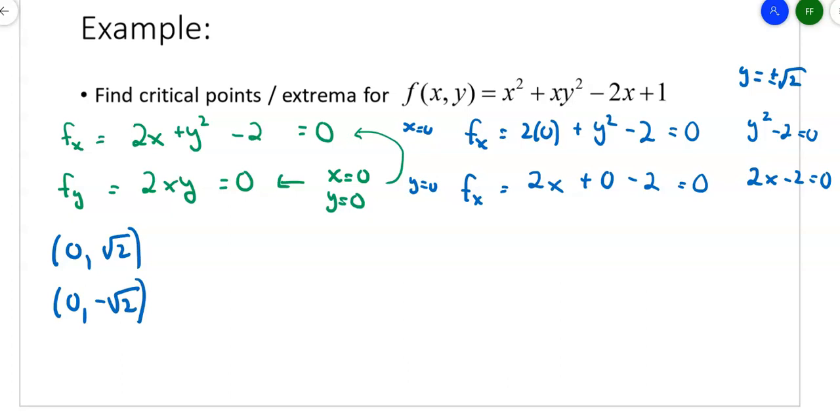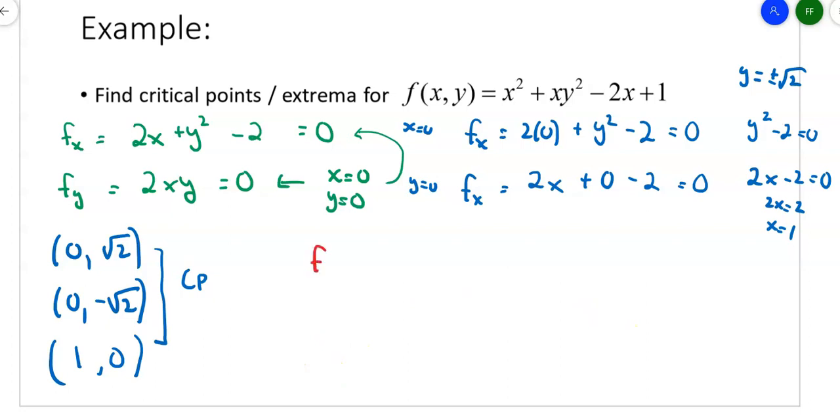Now down the bottom is what happens when y is equal to 0. What happens when y is equal to 0? I get 2x equals 2, or x equals 1. So I actually have locations for 3 critical points, which means I'm going to need more than one Hessian matrix. Next thing I'll do then is take a couple of derivatives.